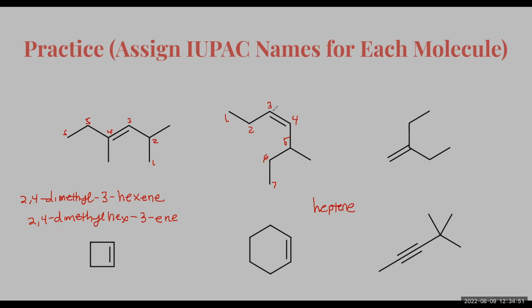The alkene starts on the 3rd carbon, so I'm going to write 3-heptene. And then on the 5th carbon, we have a methyl group hanging off of it, so I can write 5-methyl heptene, and that'll be the final compound name.